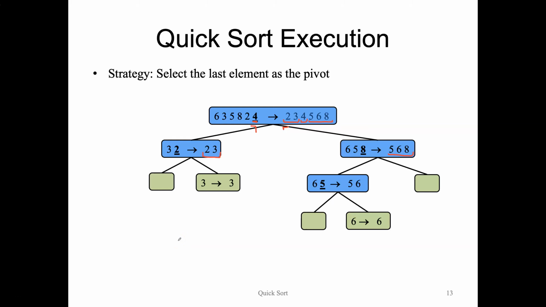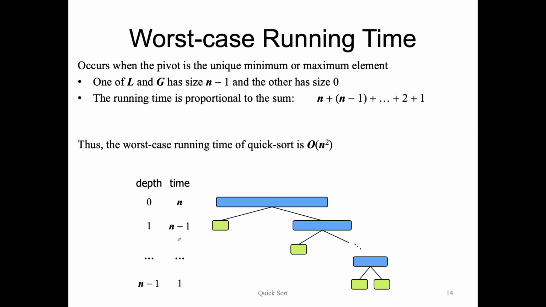So in the worst case, we choose a bad pivot each time. And this would occur if our pivot happens to be the unique minimum or maximum item. So for example, if we happen to choose the minimum pivot each time, then our list L is empty, our list E would be that single pivot that we chose, and our list G would be all of the other elements in our list.